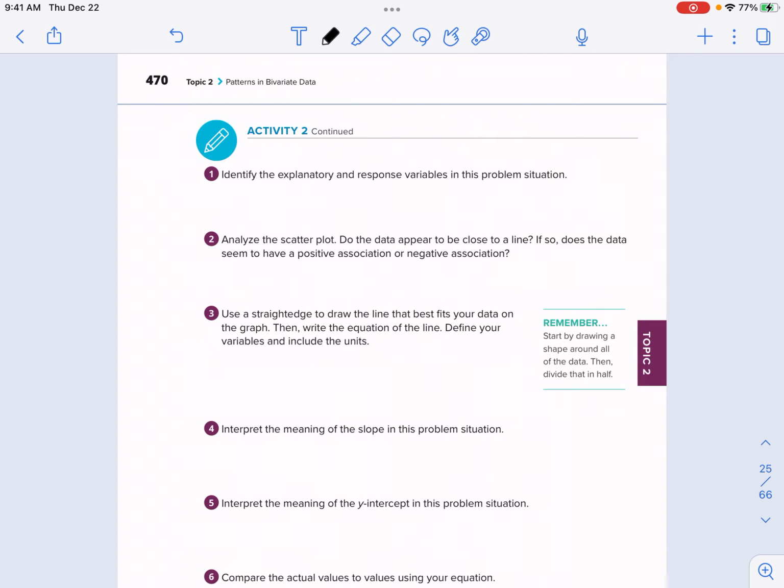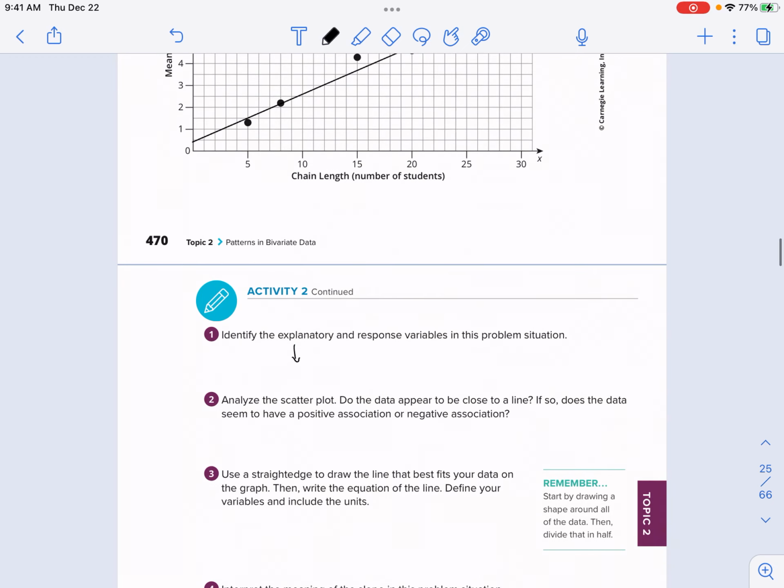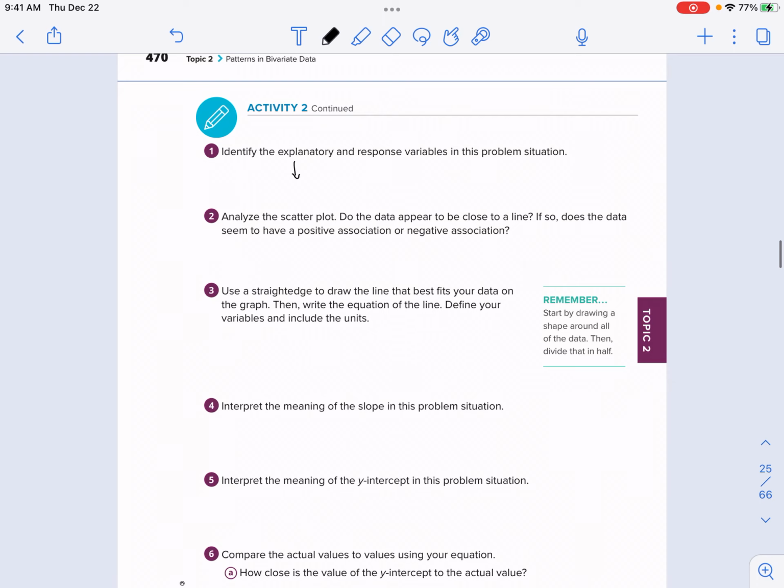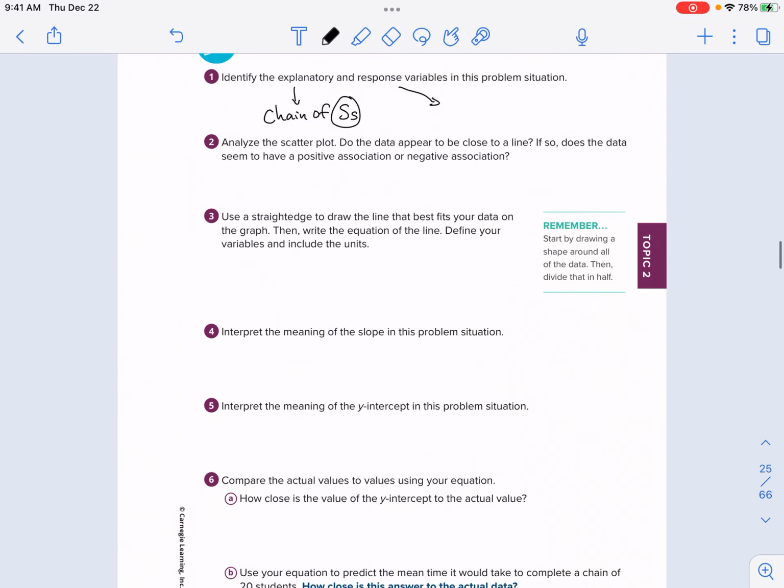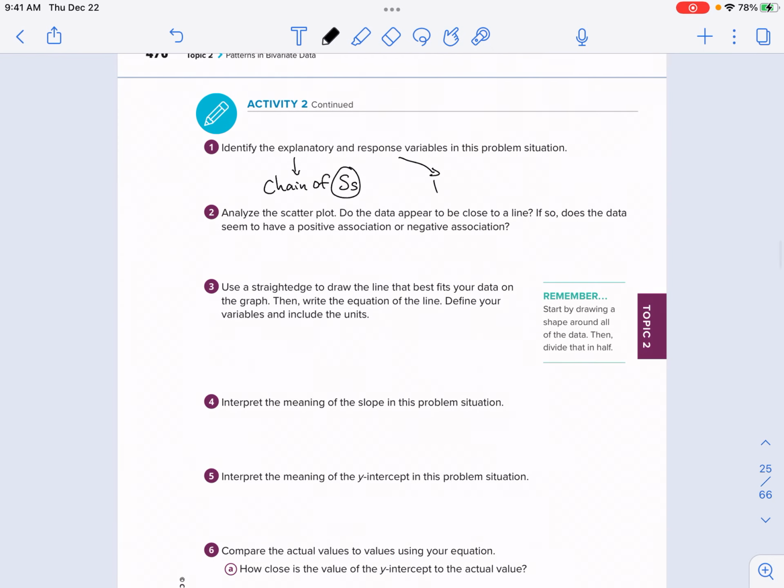What is the explanatory variable and response variable in this situation? The explanatory variable, as always the x-axis, is the chain of students, or chain length, we'll just put students. And the response variable is the mean time in seconds. Let's put time. It says, analyze the scatter plot.